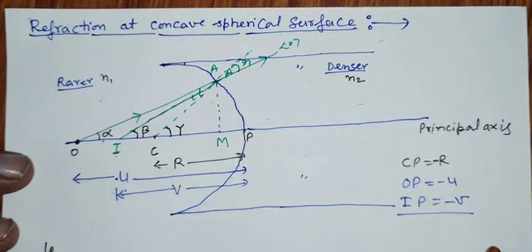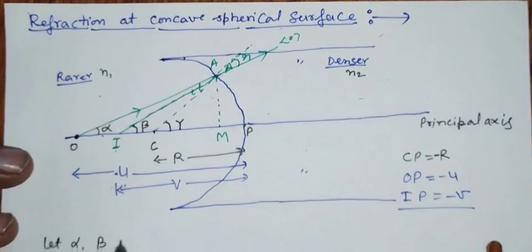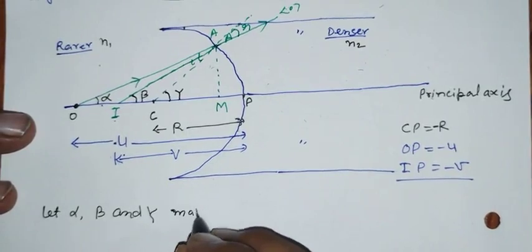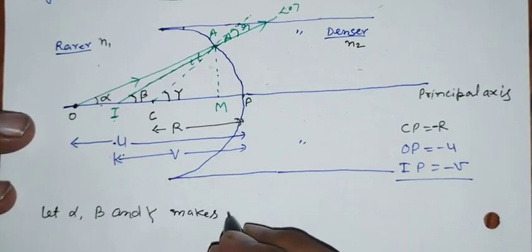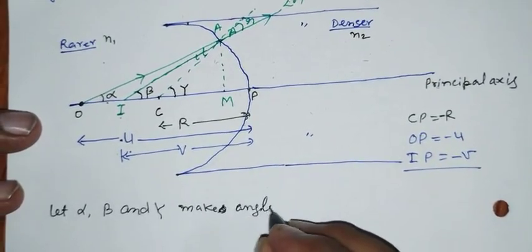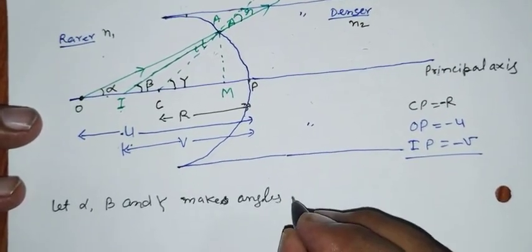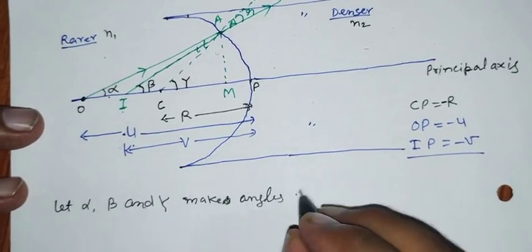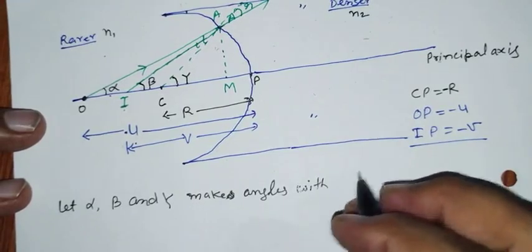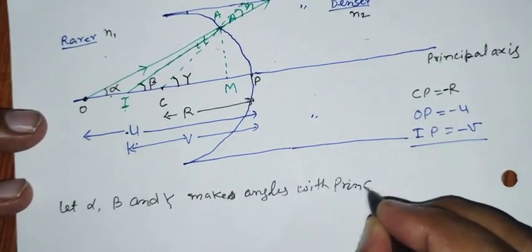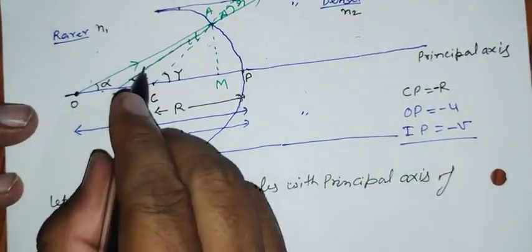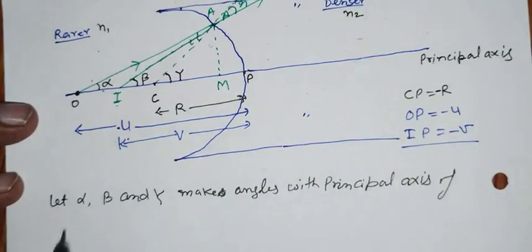Let alpha, beta and gamma be the angles made with the principal axis by the incident ray, refracted ray and the normal.